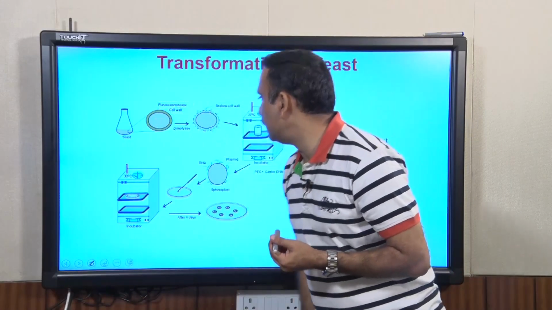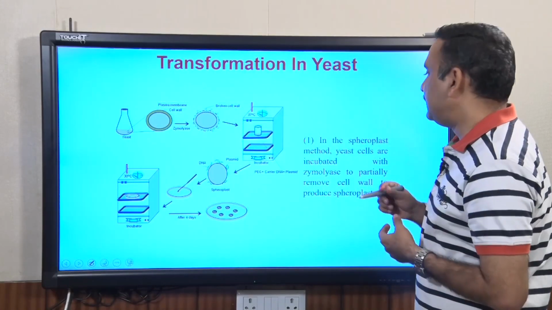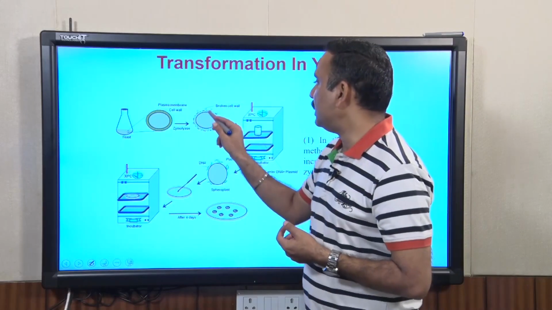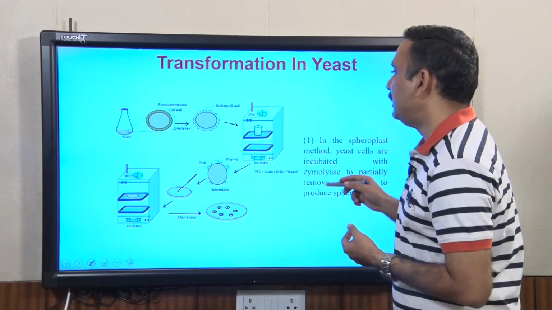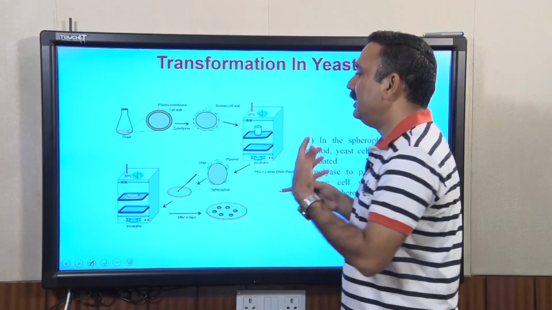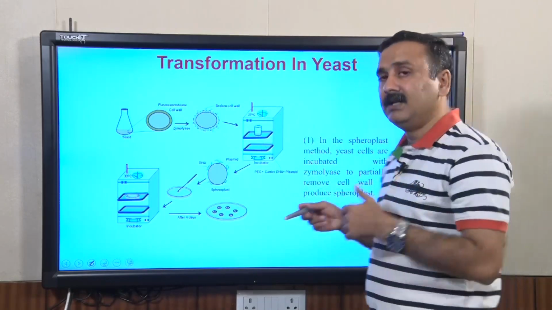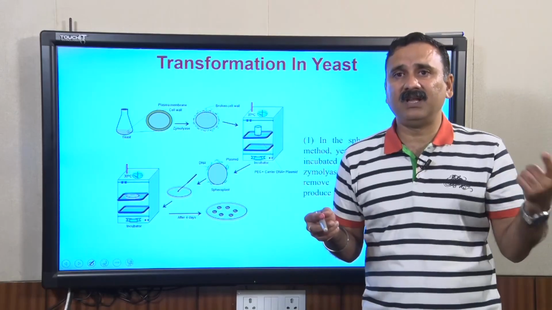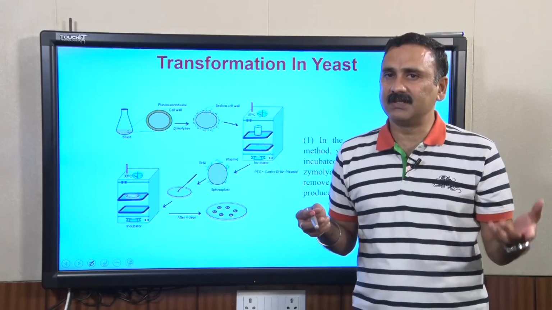So, how do we do these transformations? In the first step, you produce the spheroplasts. You first grow the yeast cells in the appropriate culture media, such as YPD and the other media we have discussed in the past.